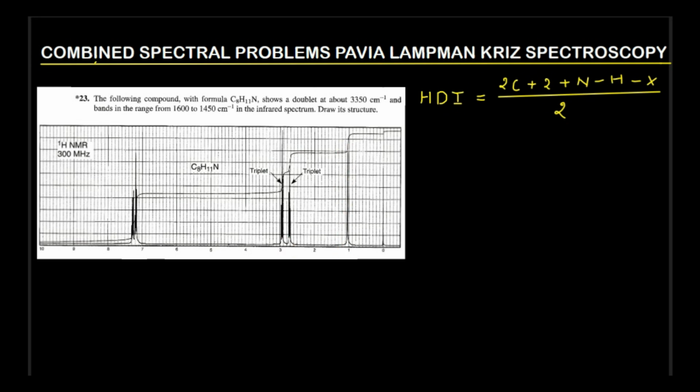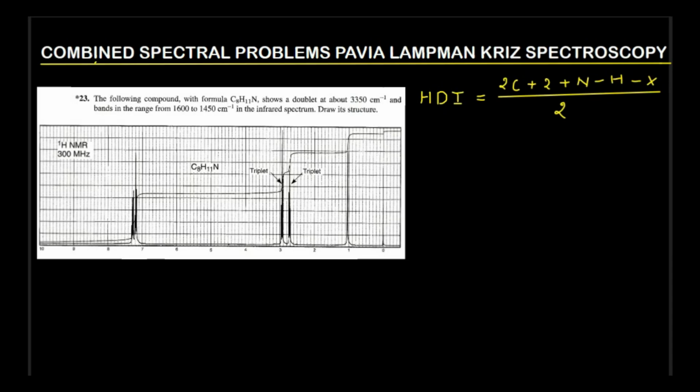Okay, and if you read the information given in the IR spectrum, which is a doublet at 3350 cm⁻¹, the student who knows the interpretation of the IR spectrum may quickly jump to the conclusion why this doublet is here. But if you don't know, don't worry, I'll come to this point a little later on.